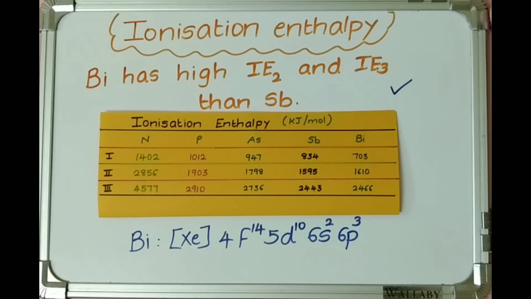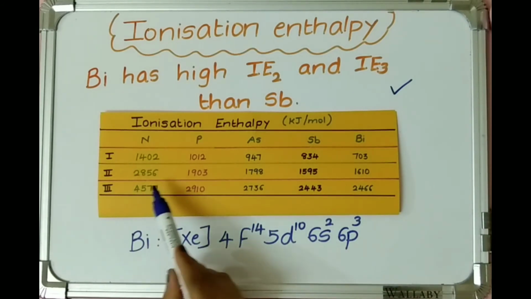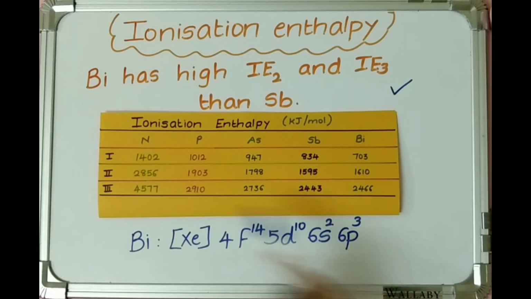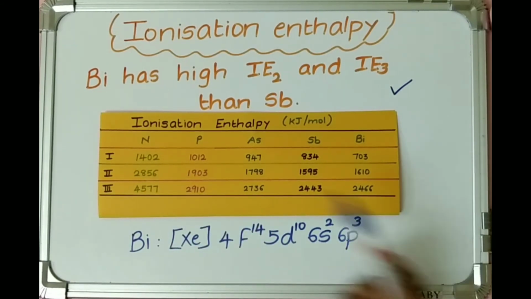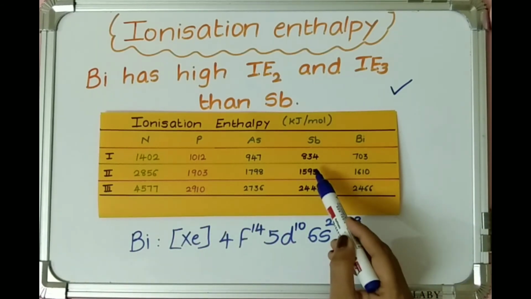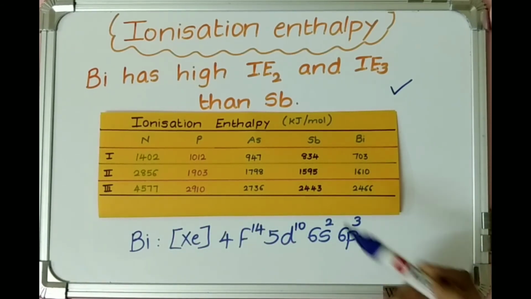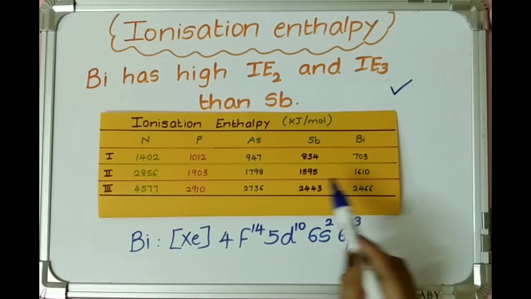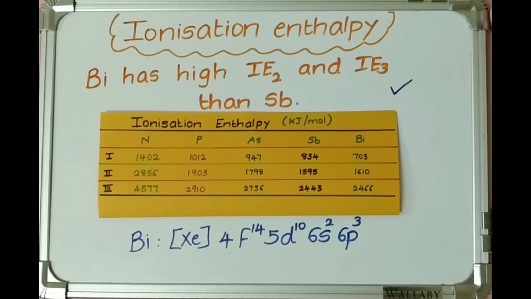But when it comes to second and third ionization enthalpy, you can check the trend here. From nitrogen to arsenic, both second and third ionization enthalpies decrease. Nitrogen to arsenic, it decreases. Antimony to bismuth, it increases. See the trend here. Antimony to bismuth, it is increasing.